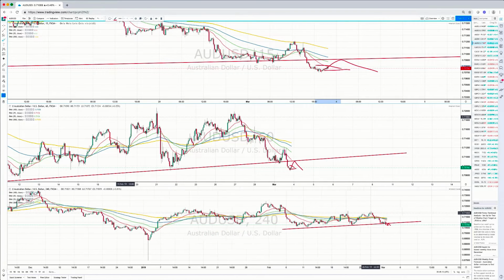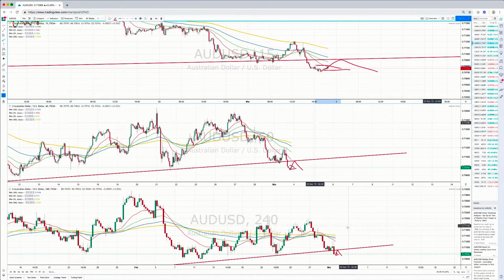From a candle perspective, one thing I want to draw your attention to, which is really quite nice, is this momentum candle here before the close of the market on Friday. There was buying pressure pushing it all the way up to around 0.7122, and then the sellers came in. Remember, this was very bullish at one point, but they sold it from 0.7122 all the way down to the 0.7077 level.